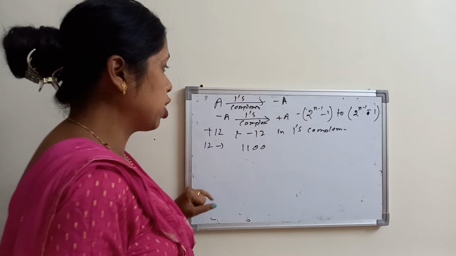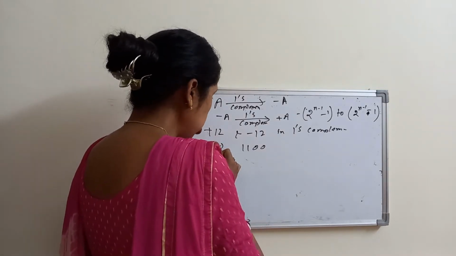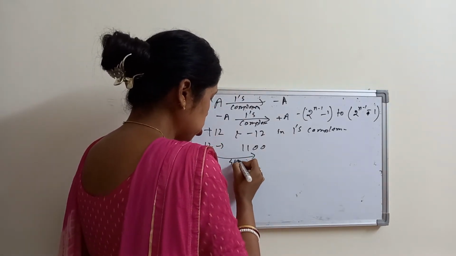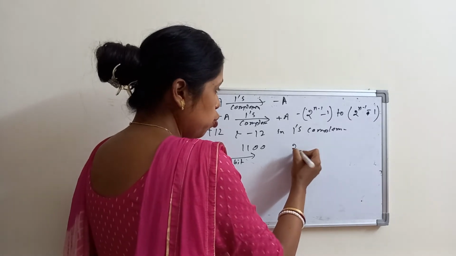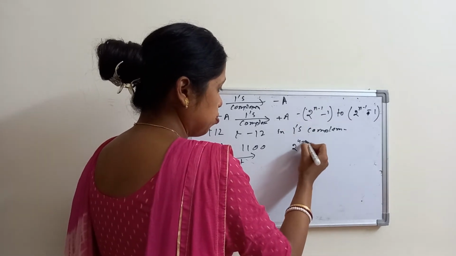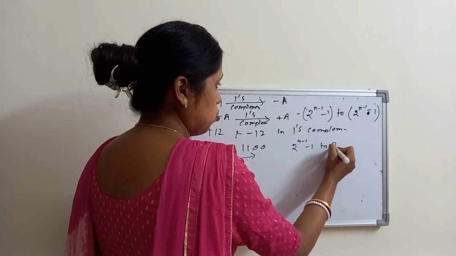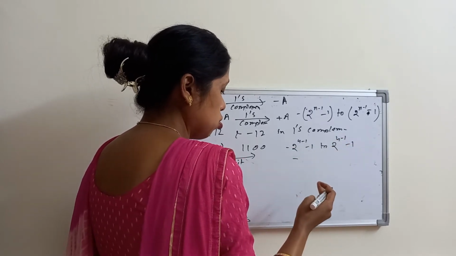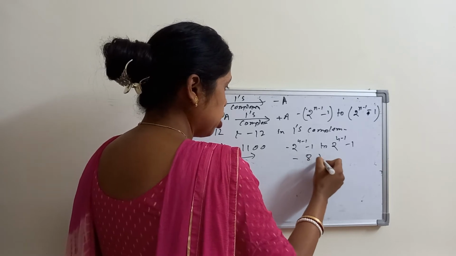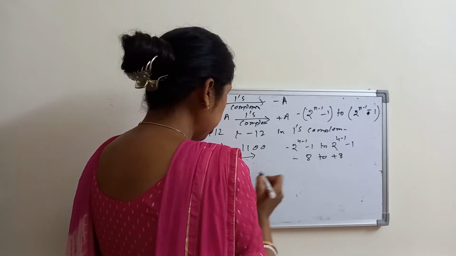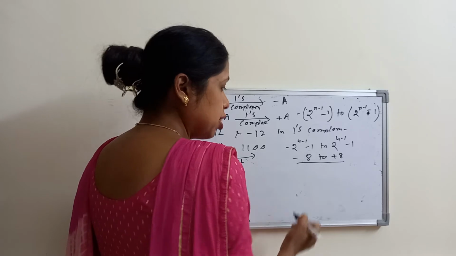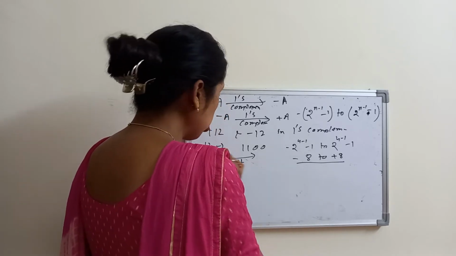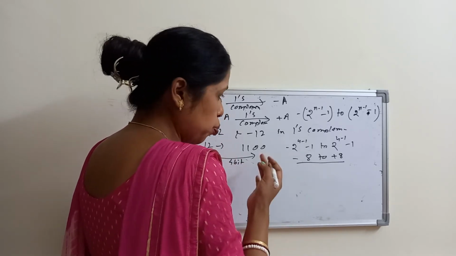Again we can check: if 12 contains 4 bits, I get the range minus 8 to plus 8. So 12 does not fall in this range. That means 12 should contain more than 4 bits.